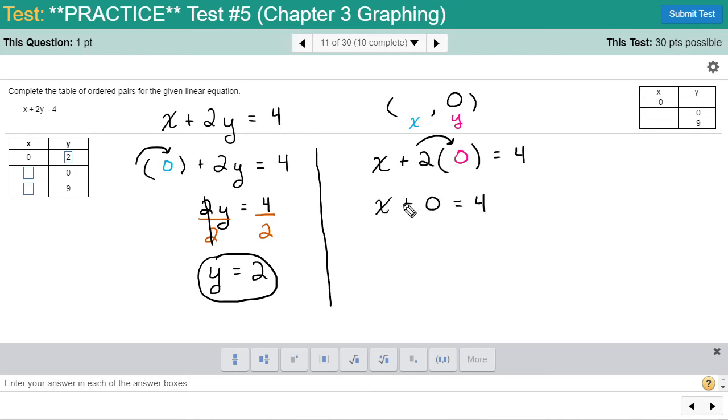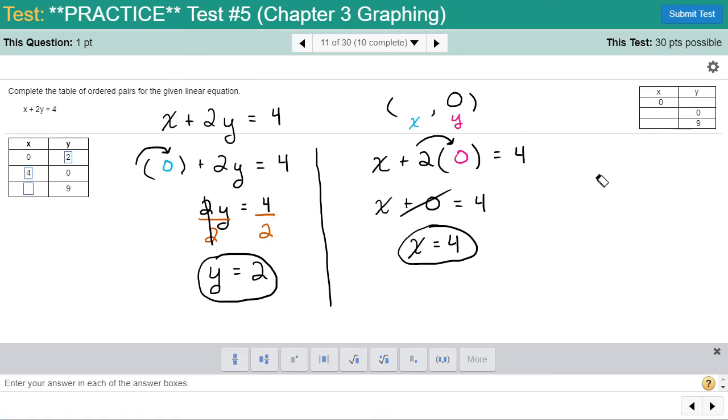Because we have x plus 0, we know adding or subtracting 0 from some value doesn't change the value itself, so we can let that 0 disappear, leaving just x equals positive 4. Again, let's come back over to our table of values and plug in the 4 for x. So when x is 4, the corresponding y is 0.